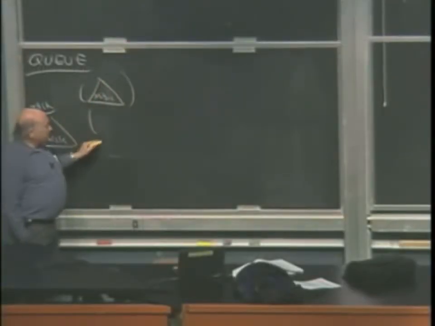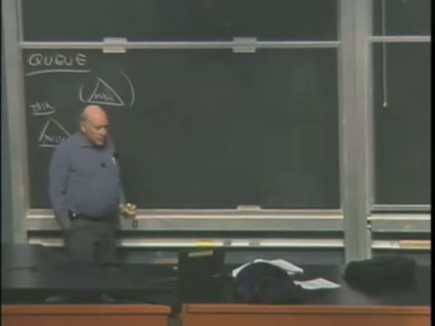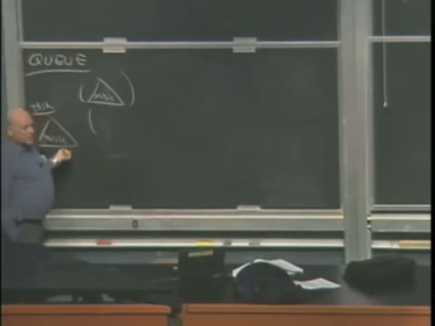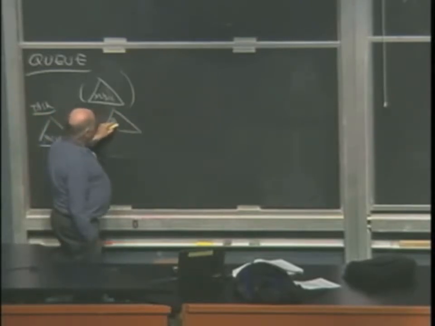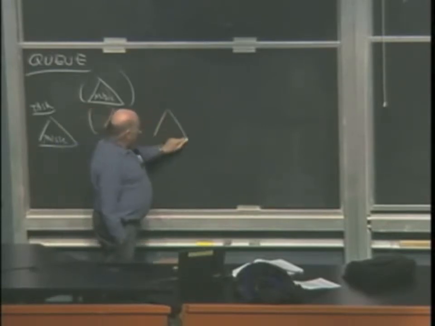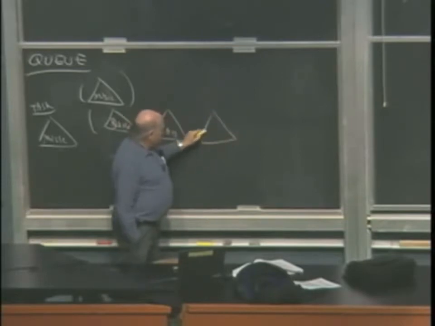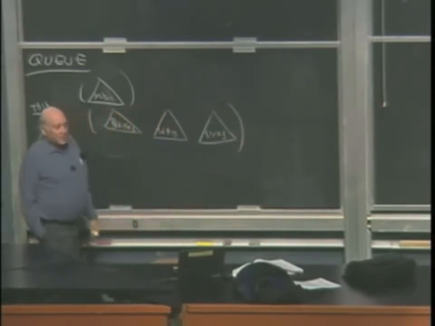So I'm going to append to the empty list children of task. Task is a tree, so it has children. What are the children? There's the Beatles tree, there's the Who tree, and there's the Kinks tree. Okay? So that's my queue.